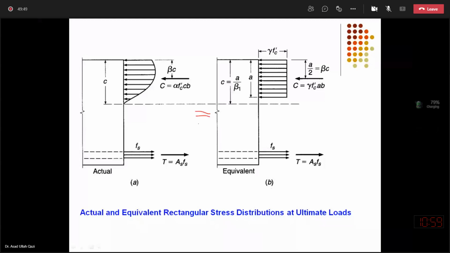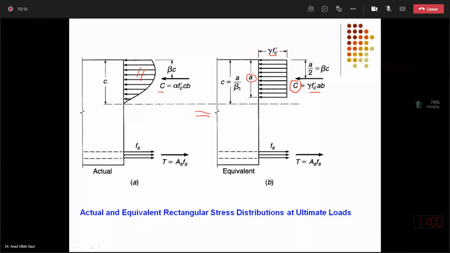If I integrate the area under the curve and I get this C value, and from this uniform 85% of the compressive strength present on a depth a, it will give me 0.85 f'c into a b, this C and this C should be equal.